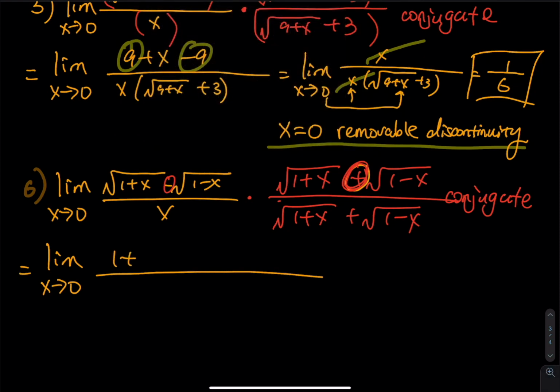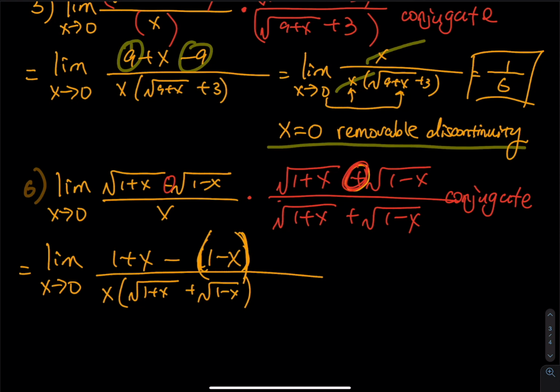So we have 1 plus x minus, because plus and minus, the two signs circled, 1 minus x. Since that is a minus, it is very important to use parentheses. And then the bottom, you don't need to bother to distribute. The square root of 1 plus x plus the square root of 1 minus x. What do you have on top?